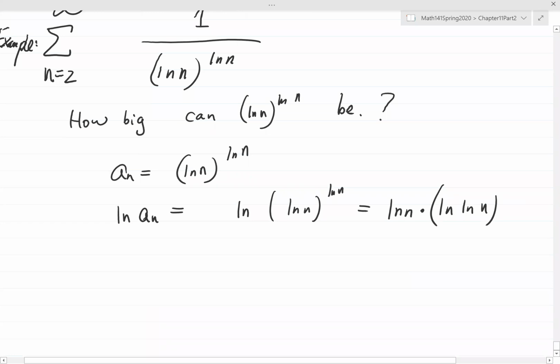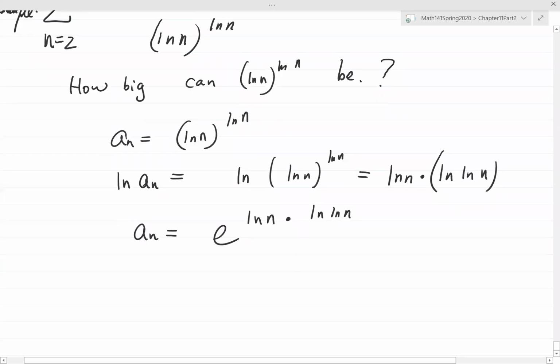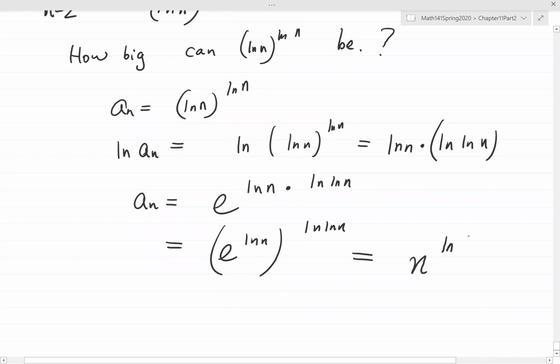So a_n will be e to the power ln n multiplied by ln n. Okay, take e, e cancels ln. Now this will be e to the power ln of n to the power ln n. So this will be n to the power ln n.